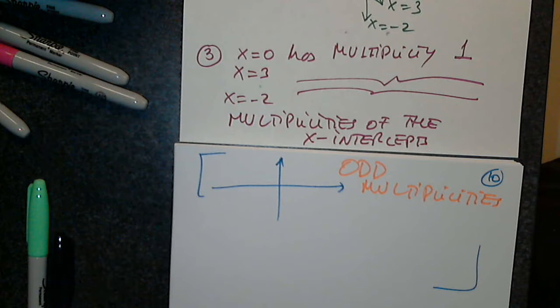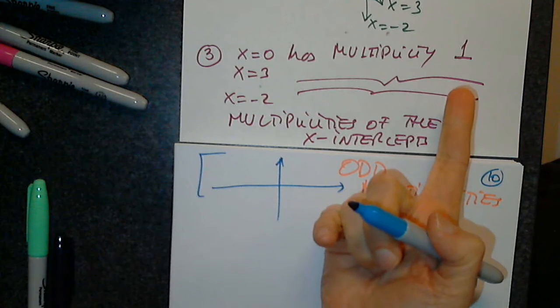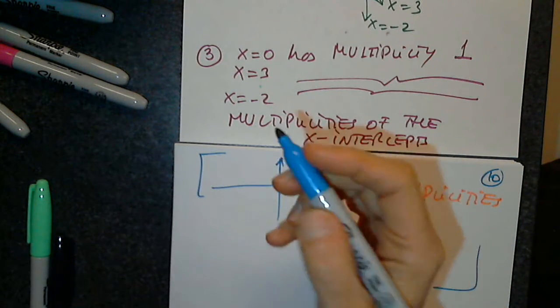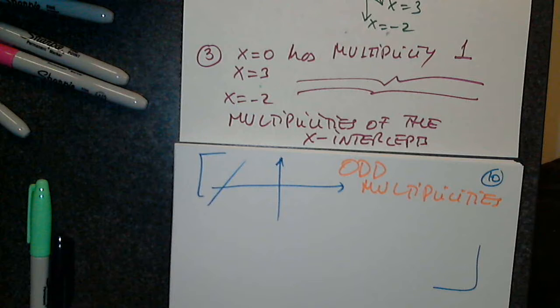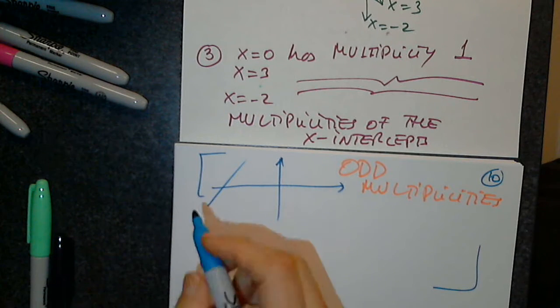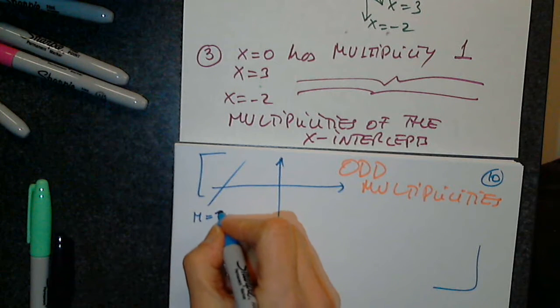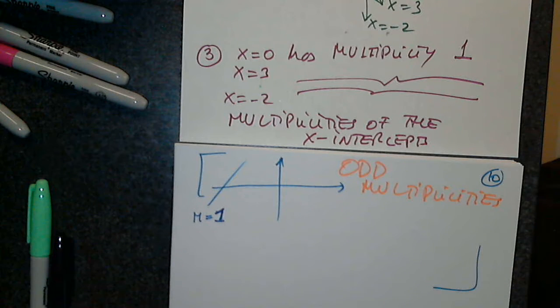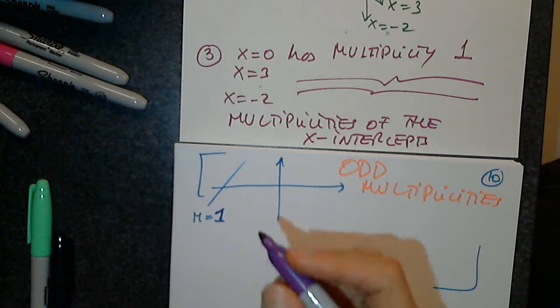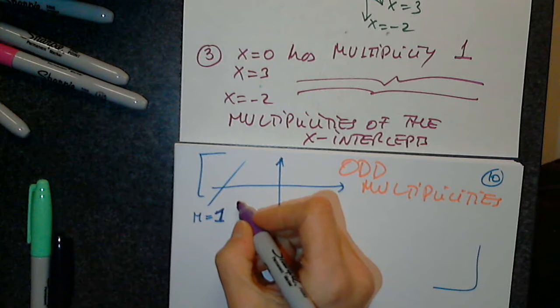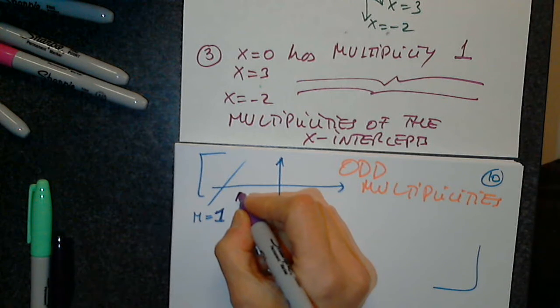Okay. Here are the possibilities for multiplicity 1. What is the possibility for multiplicity 1? So multiplicity is 1. I'm moving on to multiplicity 3. Multiplicity 3 looks like this. And I would like you to give me an example, because we looked at this function.